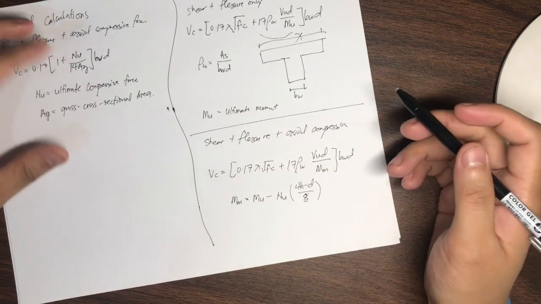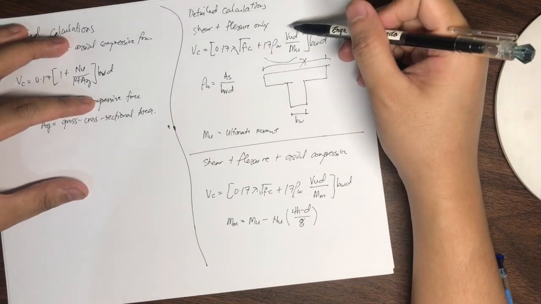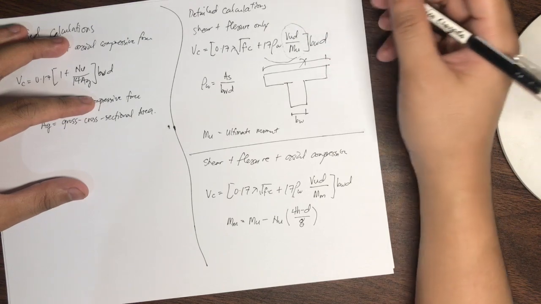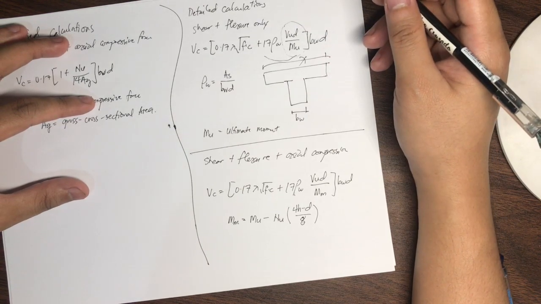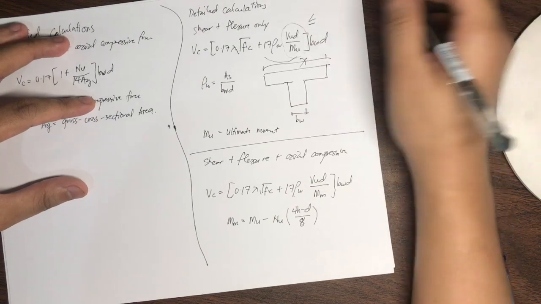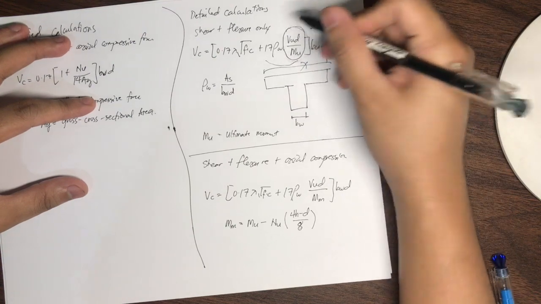Okay? And again, in this formula, let's go back here. This ratio must always be less than or equal to 1. Why?